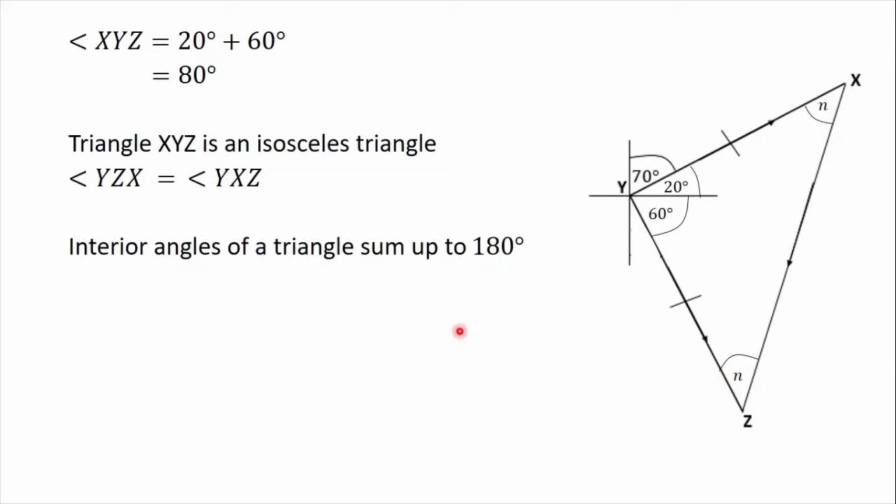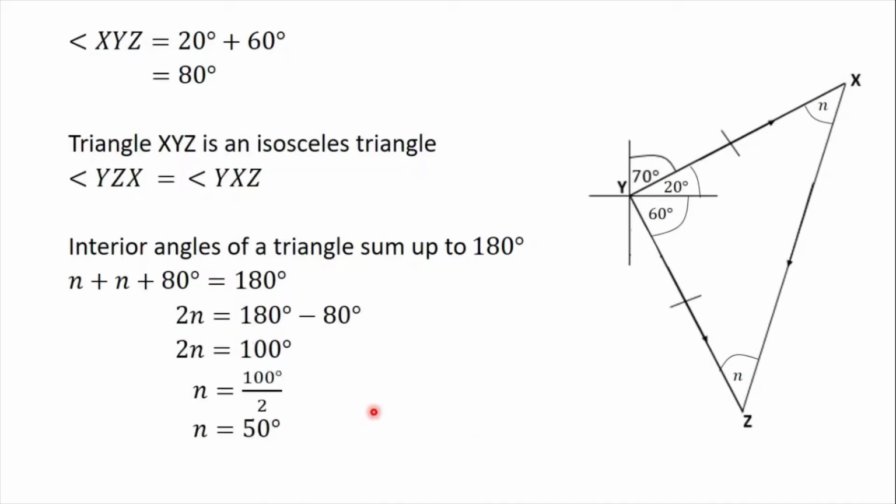From the properties of triangles, we know that the sum of the interior angles of a triangle is equal to 180 degrees. So if we add everything in this triangle XYZ, we are going to get 180 degrees. So 2N plus 80 degrees will give us 180 degrees. If you simplify this, you will see that N will give us 50 degrees.